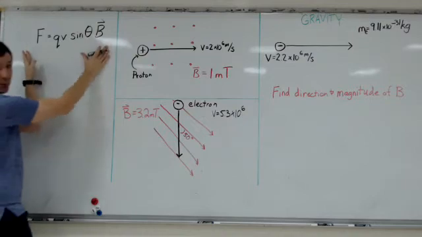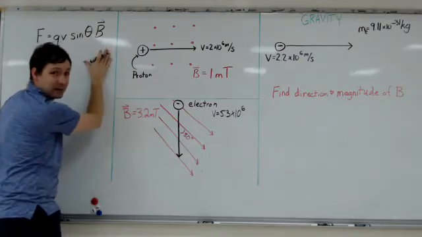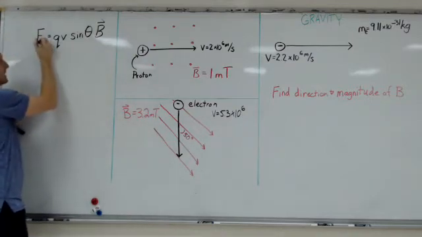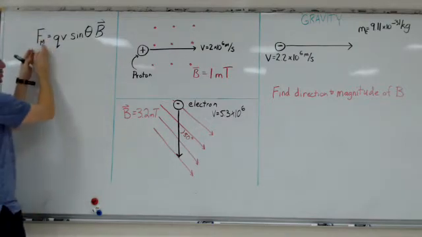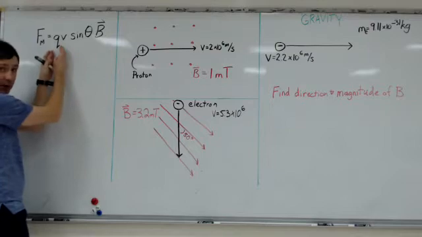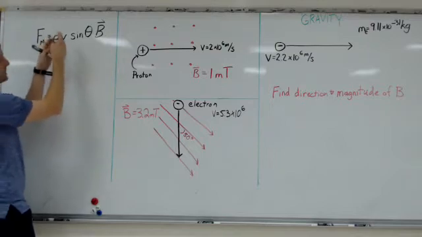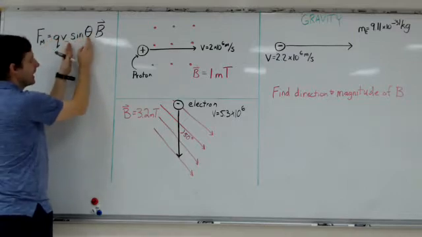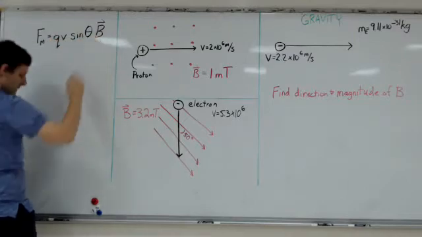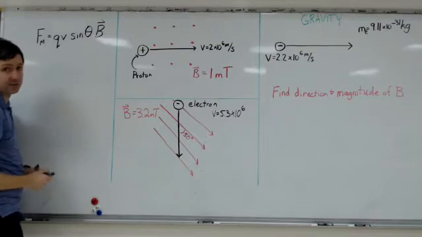This is the formula that we're going to be using over the next little bit, okay? This is the magnetic force, which is equal to the charge of the particle that's moving times the velocity of the particle that's moving times the sine of the angle times the strength of the magnetic field.